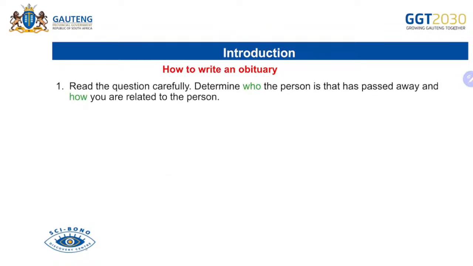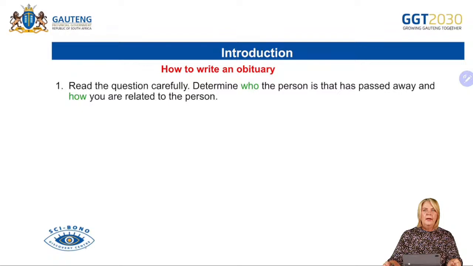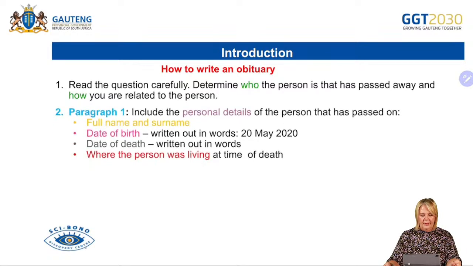So how do we write an obituary? Read the question carefully. Determine who the person is that has passed away and how you are related to the person. Paragraph 1, include the personal details of the person that has passed on, full name and surname, date of birth written out in words, again, date of death written out in words.